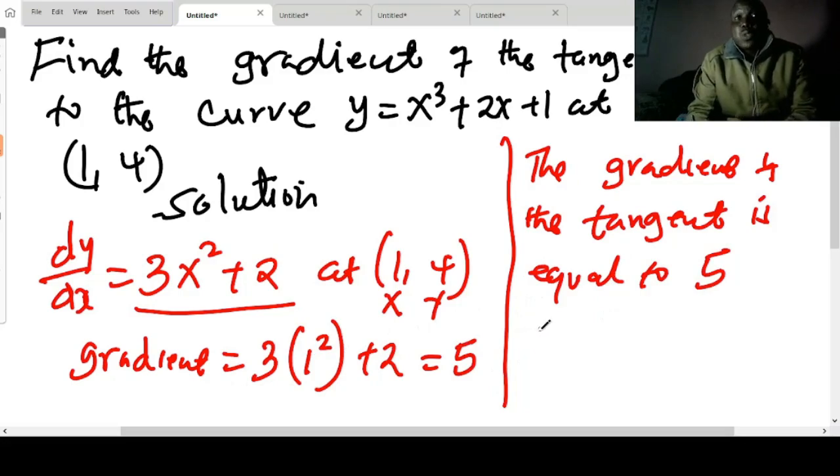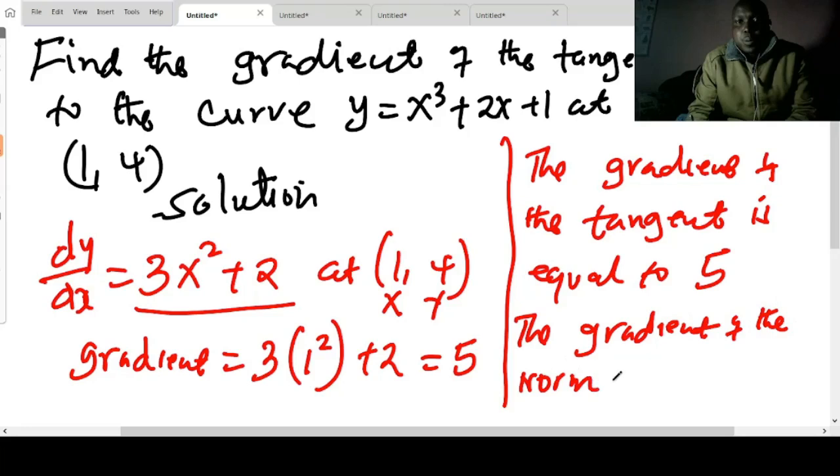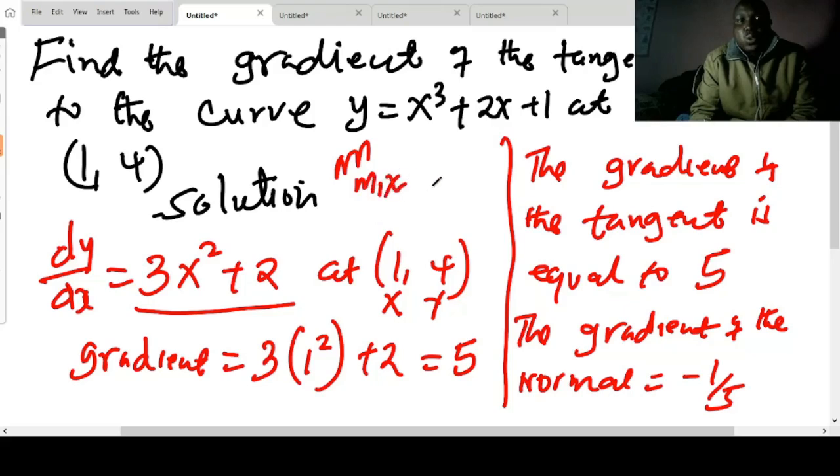Now, what will be the gradient of the normal? Because now we know the gradient of the tangent is 5, then it means the gradient of the normal is equal to -1/5. So that when we multiply -1/5 times 5, the answer is -1, because for perpendicular lines, m1 times m2 should be -1.